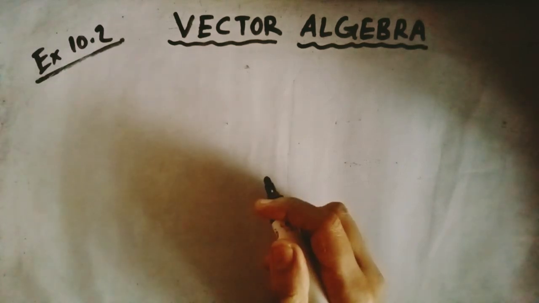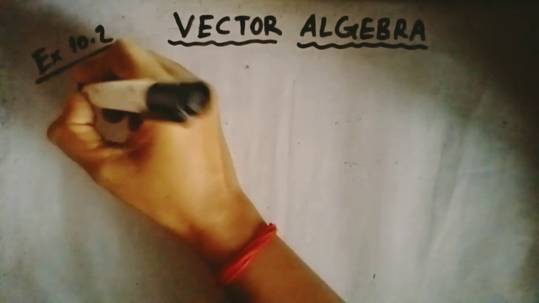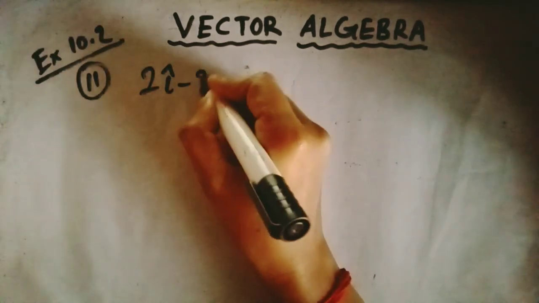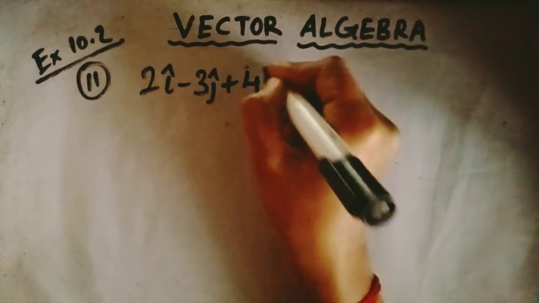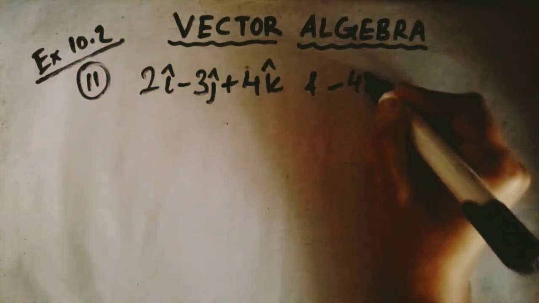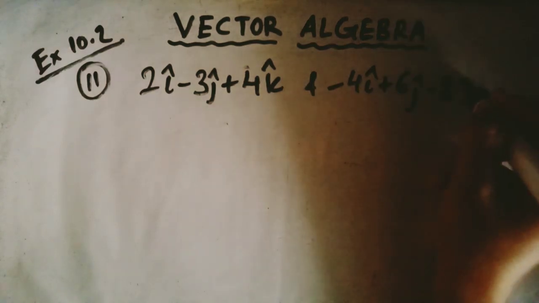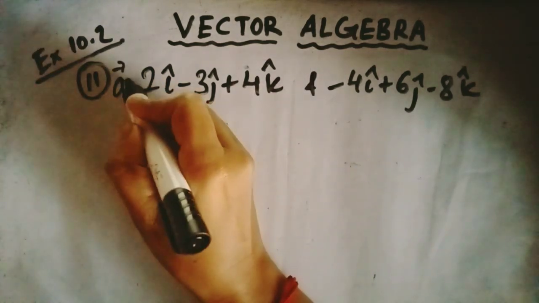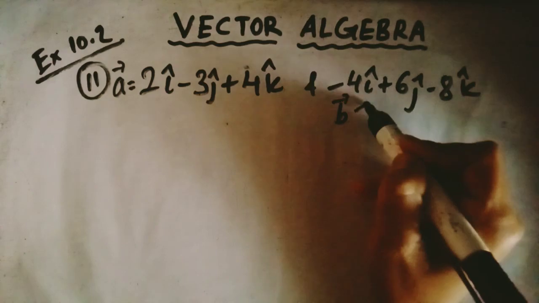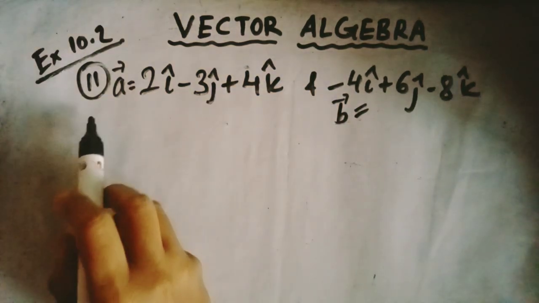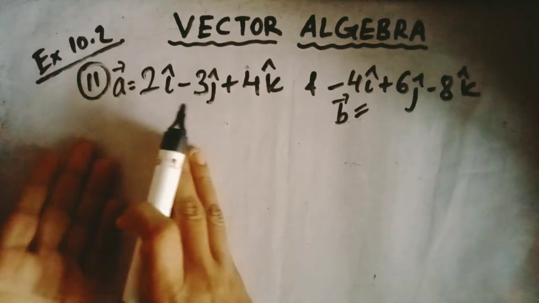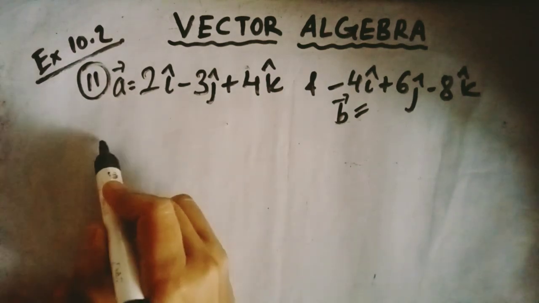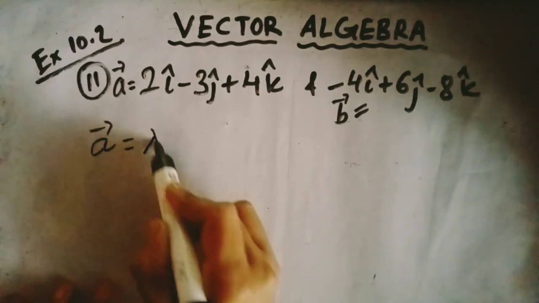The next question is question number 11. Show that the vectors 2i minus 3j plus 4k and minus 4i plus 6j minus 8k are collinear. Suppose the first is vector a and the second is vector b. Two vectors are said to be collinear if one vector can be expressed as a scalar multiple of the other, so a equals lambda b.